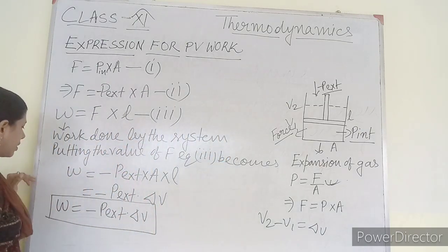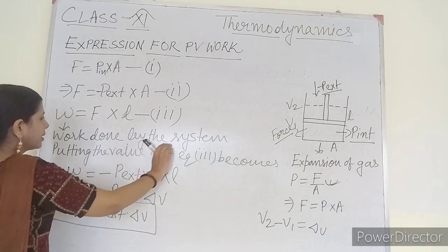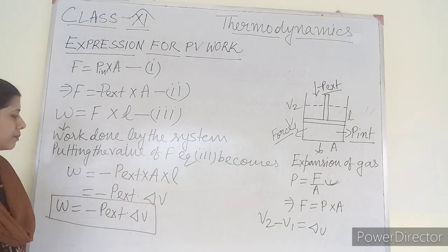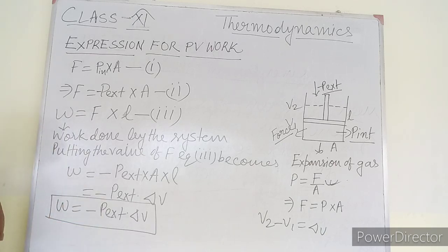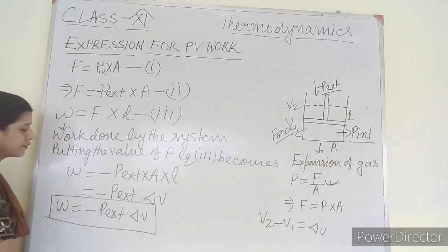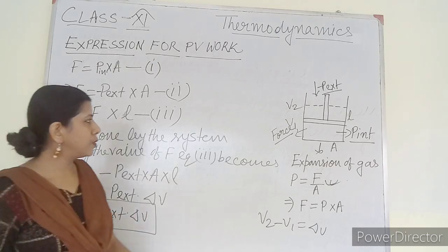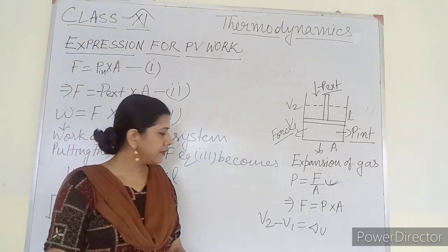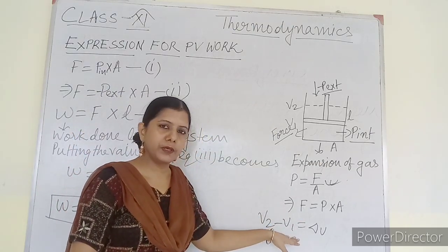So here I got that when work is done by the system, then expansion is occurring. So this negative sign is coming here. In case of expansion, delta V will be positive. Why positive? Because V2 is greater than V1. So delta V is V2 minus V1.